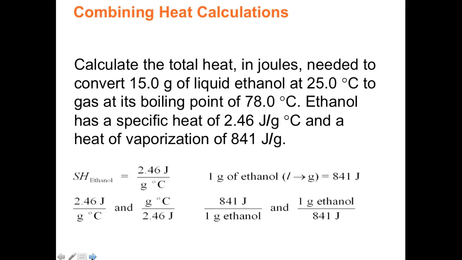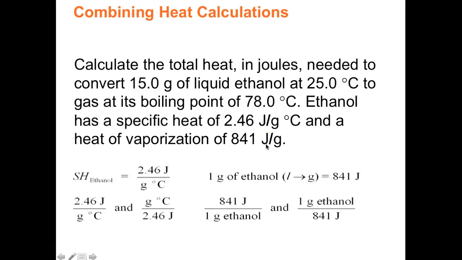So calculate the total heat in joules needed to convert 15 grams of liquid ethanol at 25 degrees to gas, its vapor, at the boiling point of 78 degrees. Ethanol has a specific heat of 2.46 joules per gram degree centigrade and a heat of vaporization of 841 joules.